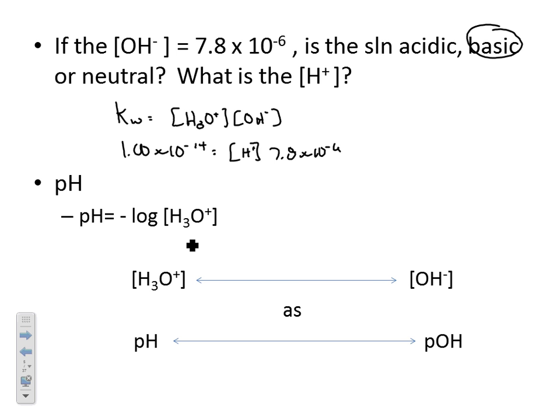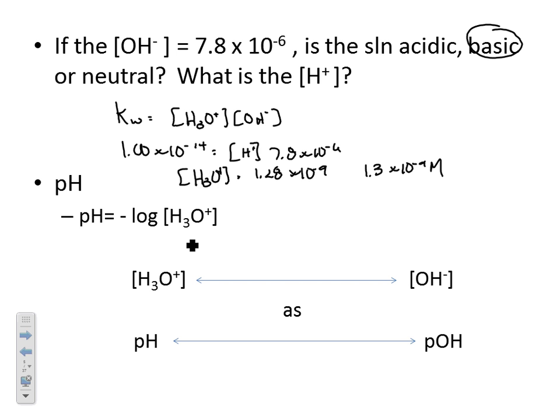So that hydronium concentration is 1.28 times 10 to the negative 9. Using the correct significant digits, that would be 1.3 times 10 to the negative 9 molar.